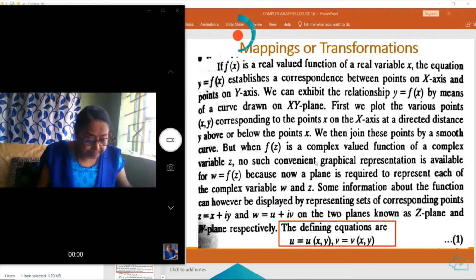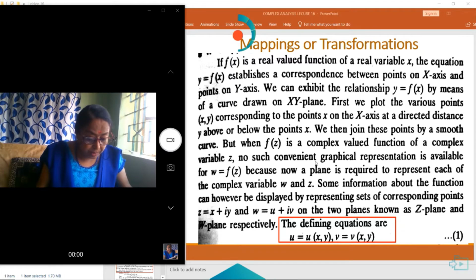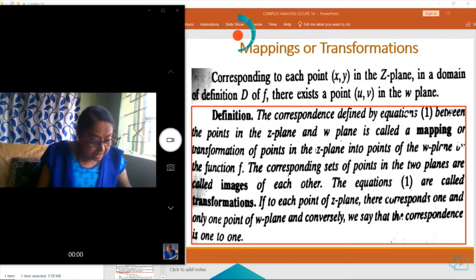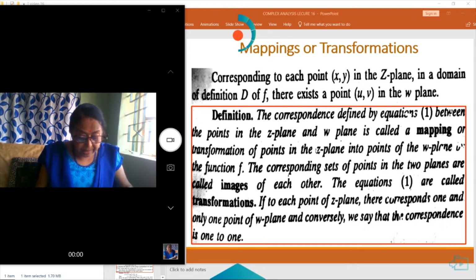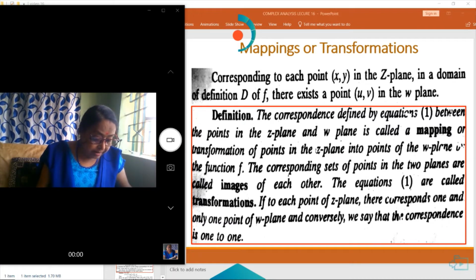Defining equations as u equal to u(x, y) and v equal to v(x, y), corresponding to each point (x, y) in the z plane in a domain D of function f, there exists a point (u, v) in the w plane.